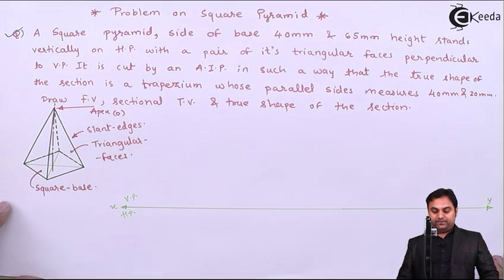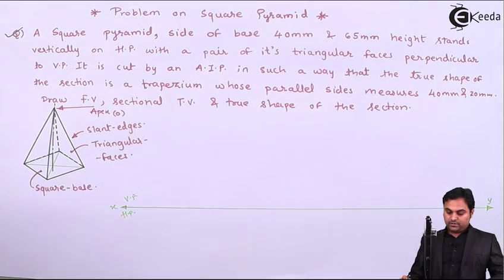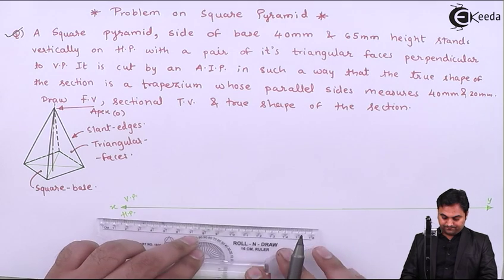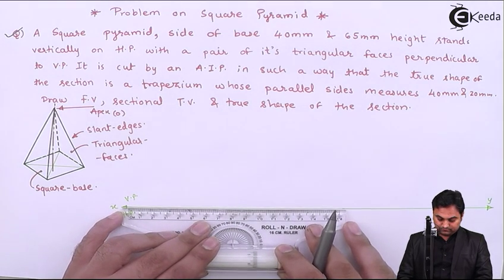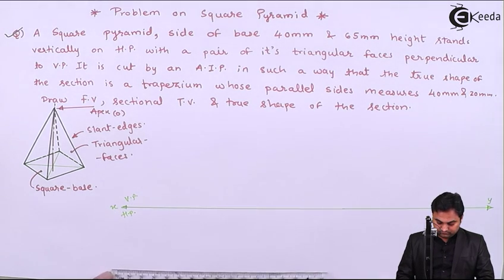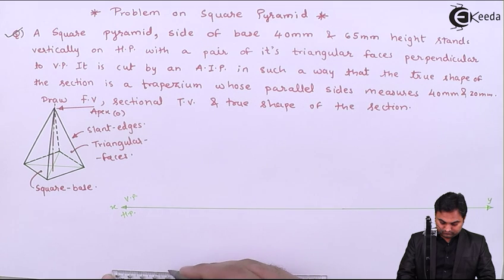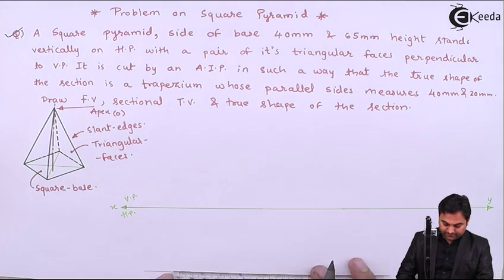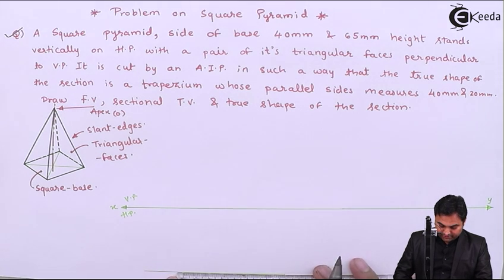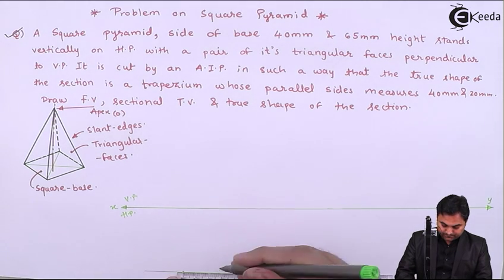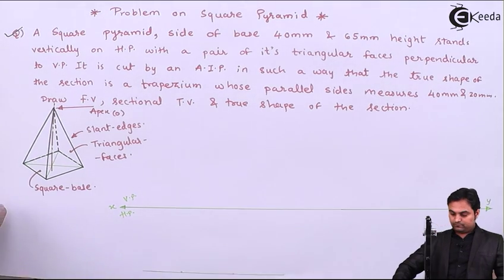The side of the square pyramid is 40 mm. Drawing a light horizontal line, marking 40 mm over it.